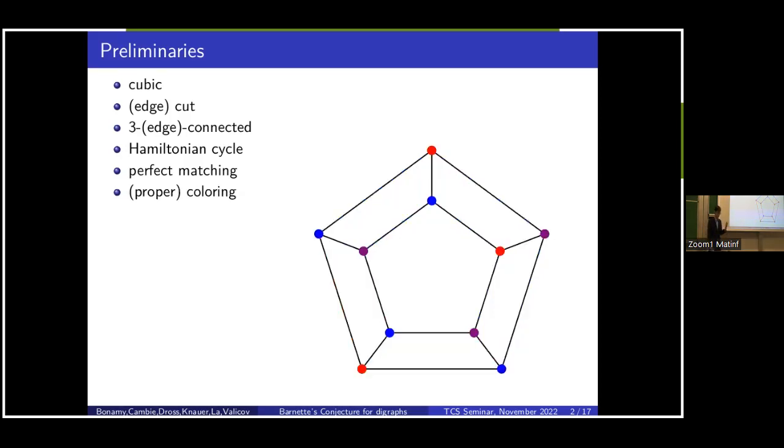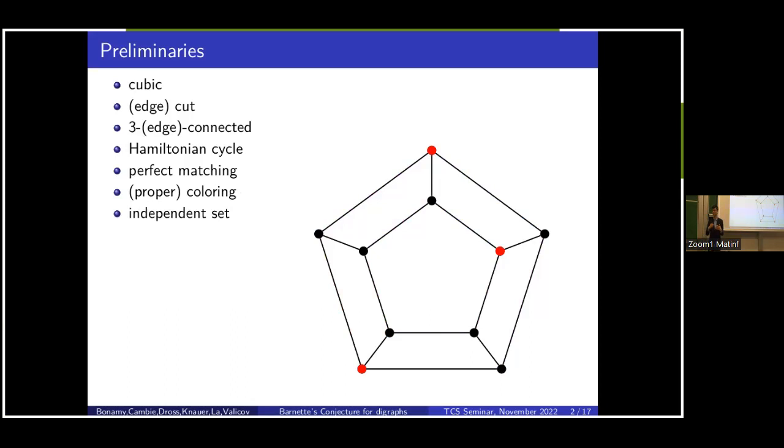Now, when I will be talking about coloring, it could be vertex coloring, edge coloring, or even face coloring. And the only thing that I require is that they are proper, meaning that any 2 adjacent vertices, edges, or faces will have different colors. An independent set is a set of pairwise non-adjacent vertices.